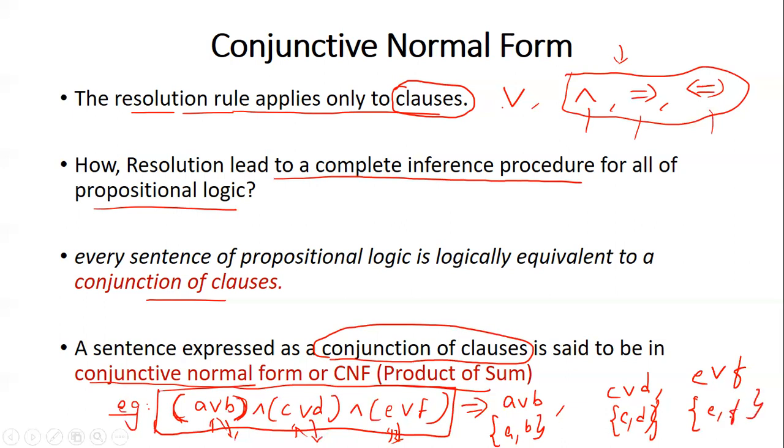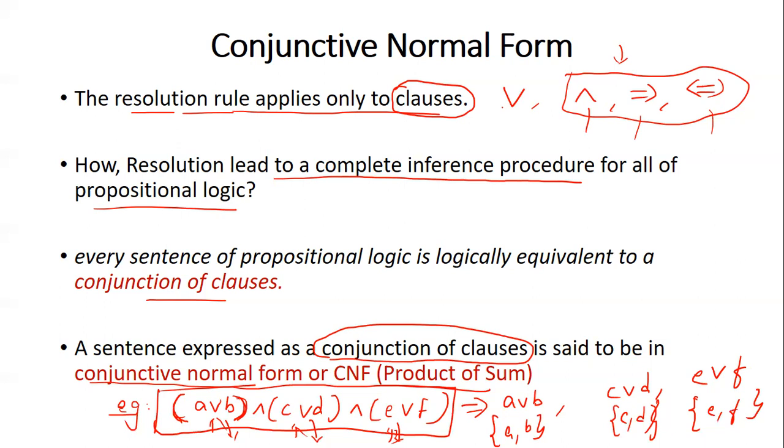Right? So the point is, before applying resolution, the sentence should be converted to conjunction of clauses, or converted to conjunctive normal form. Conjunctive normal form is otherwise called product of sum. Any sentence can be converted to conjunctive normal form.